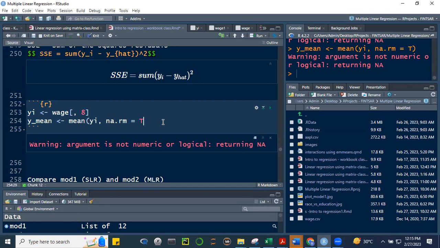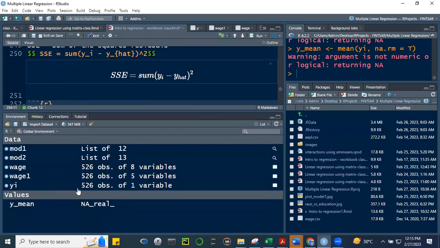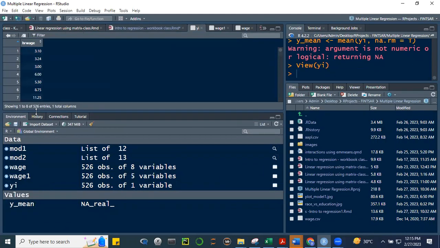Okay, dali ah. Y mean is equal to, may yi na tayo, di ba? Yi. So this is our yi. Okay, if we get the, ay mali. Sorry. Hourly wage yung pangalan ng variable, no?